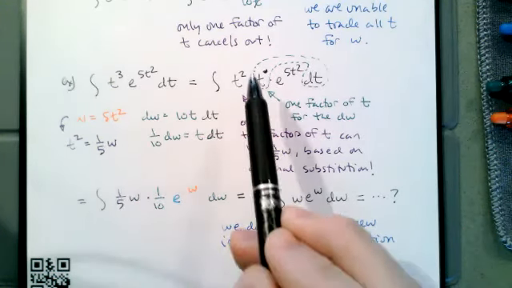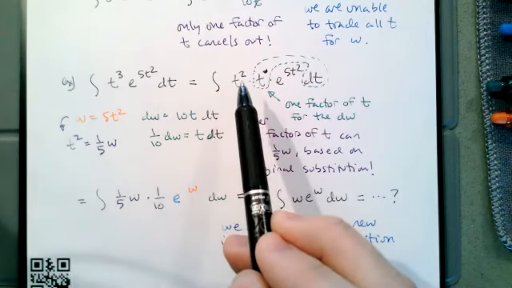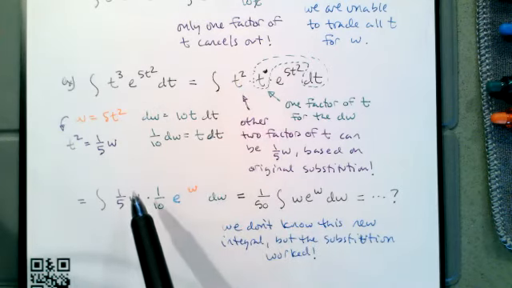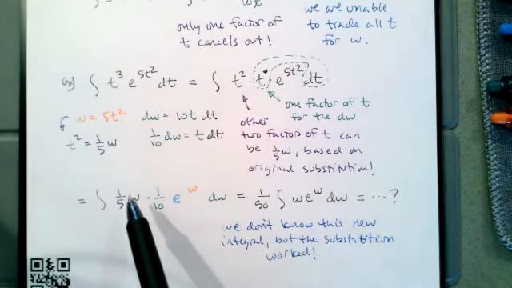So if I had a t to the fourth, or sorry, if I started off with a t to the fifth, then t to the fourth could become a square of a 1/5 w, so 1/25 w squared. But if I started off with t to the fourth, I'd have to convert three t's, and that would be a w to the 1.5.